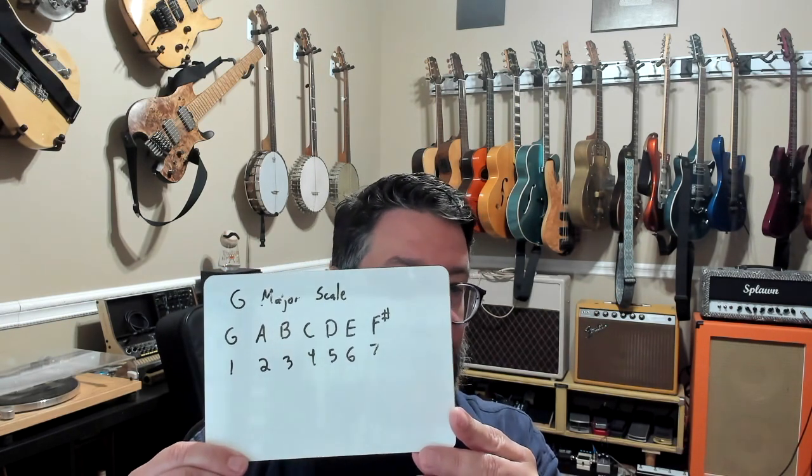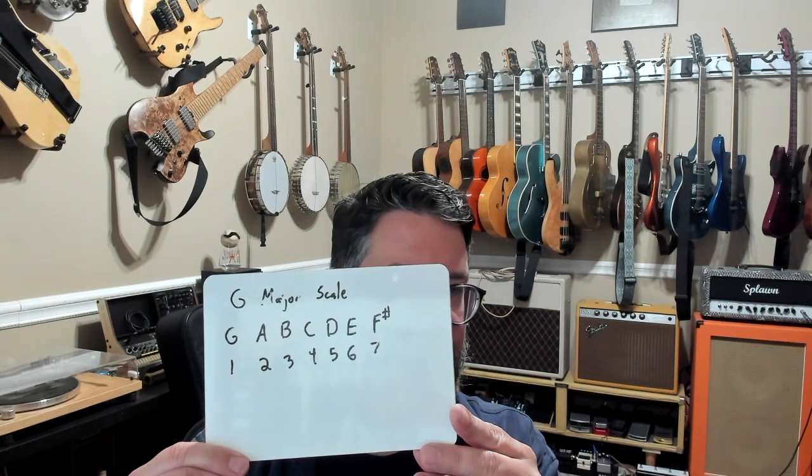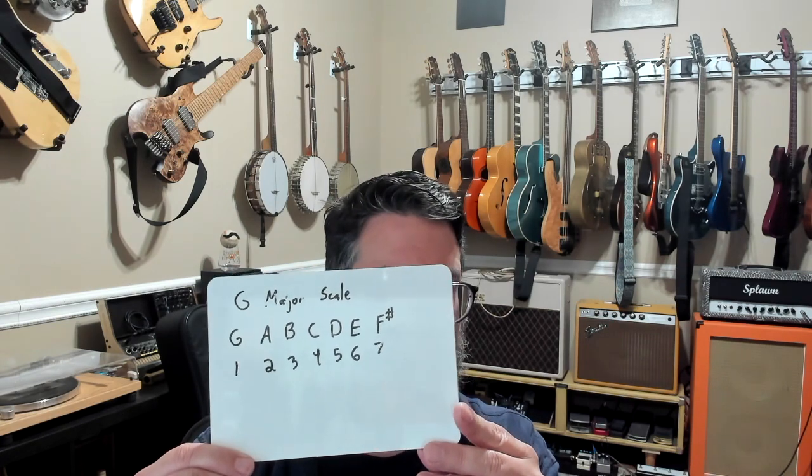The next note we play is an A, that's going to be a 2. The next note we play is going to be a 3, that's a B. These also correspond to the chords we would play. So we have some form of a G, A, B, C, D, E, and F sharp chord that we can use in playing chord progressions if we're staying diatonic, meaning we only use these notes in everything we play.